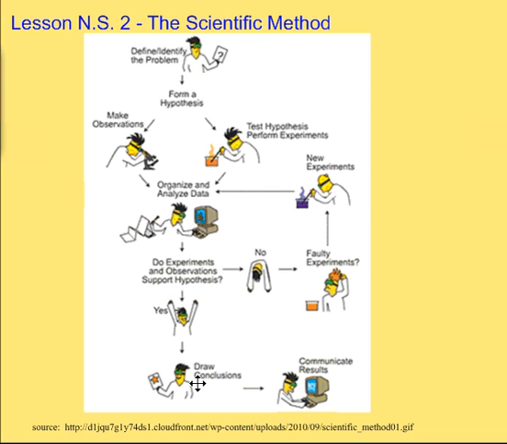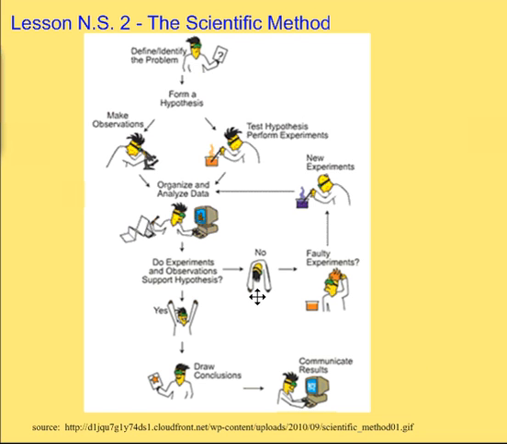You would then draw your conclusion, answer the question, does my data support my hypothesis, and then you publish your results. Remember, we talked about how important communication is in science. You need to spread what you have learned to allow other scientists to learn from your work.